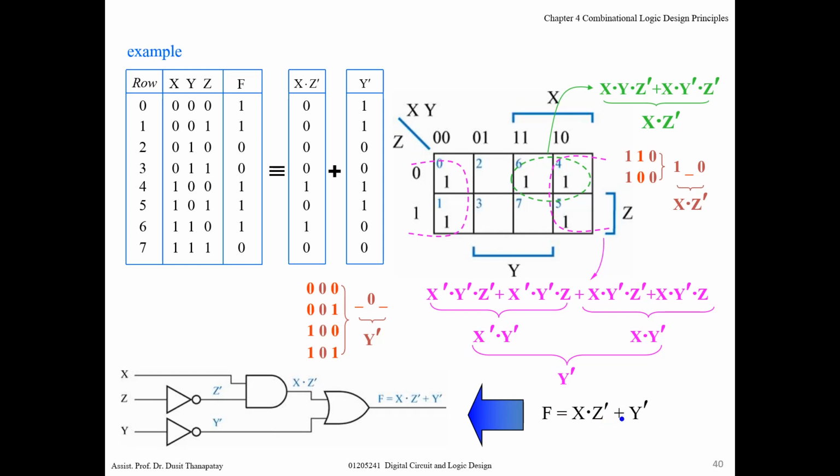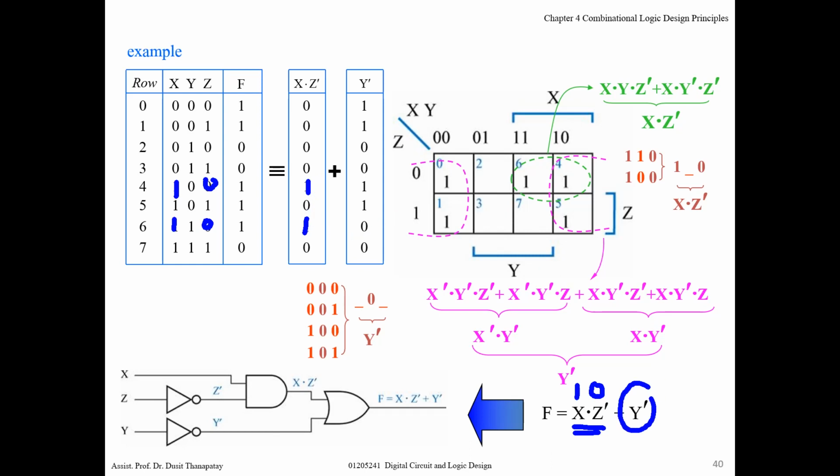And your function is x and z prime plus y prime. That means this term will be 1 when x is 1, z is 0, right? Then there are two cases that x is 1, z is 0. Not depending on y. Y can be 0 or 1. The result is the same.